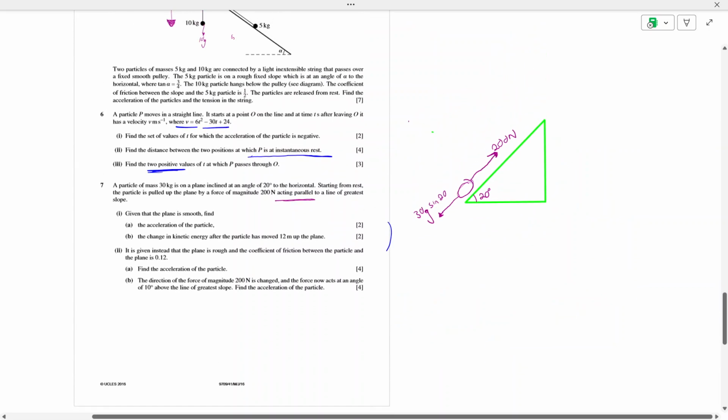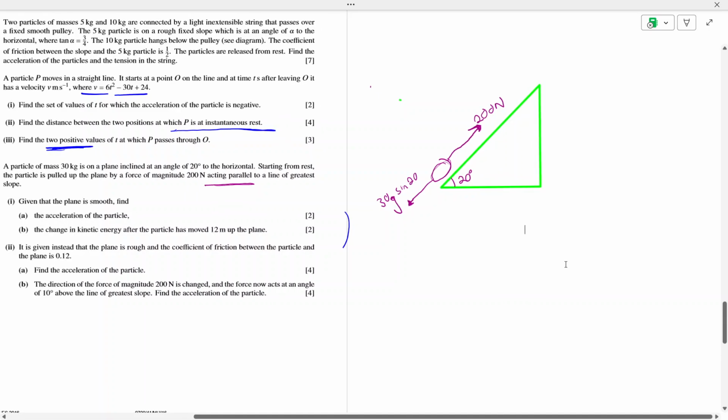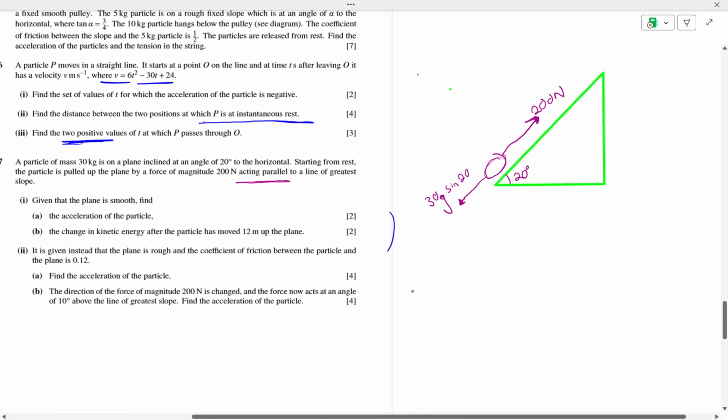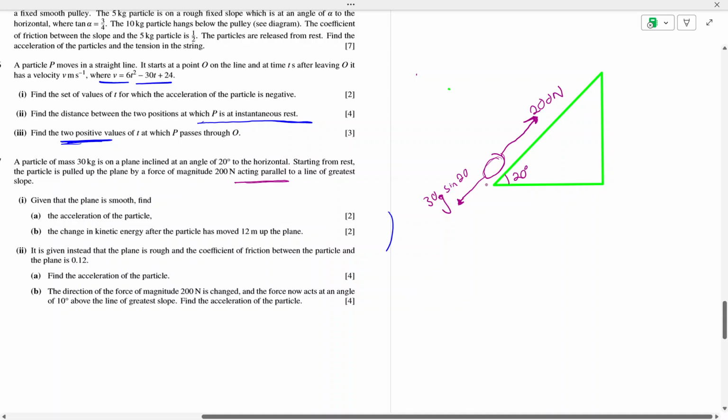Right. So now we have the coefficient, we have the friction acting on the particle, right? So we're going to add the component of friction on the particle. Friction is opposing motion.